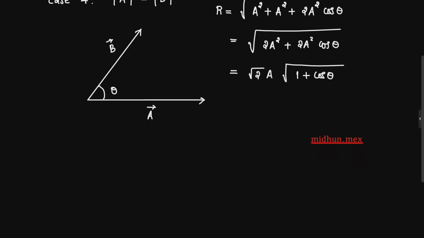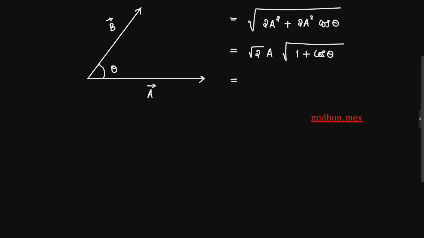For 1 plus cos theta we have a trigonometric identity, so root of 1 plus cos theta is root of 2 cos square theta by 2. That is a formula. So R is equal to root 2 into root 2 will become 2. A will remain A. Cos square and root will get cancelled out. You will get cos theta by 2, and that will be your answer in this case.